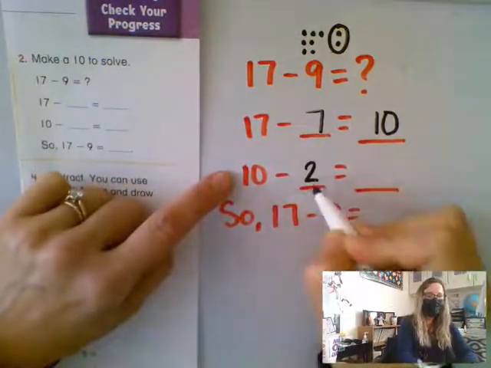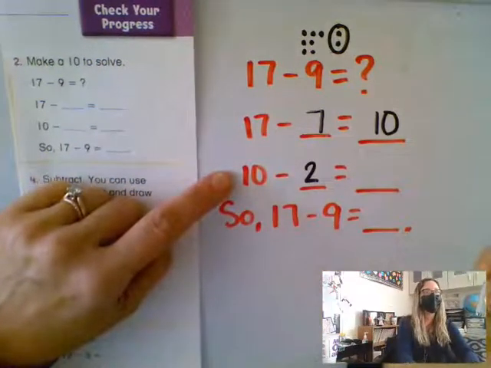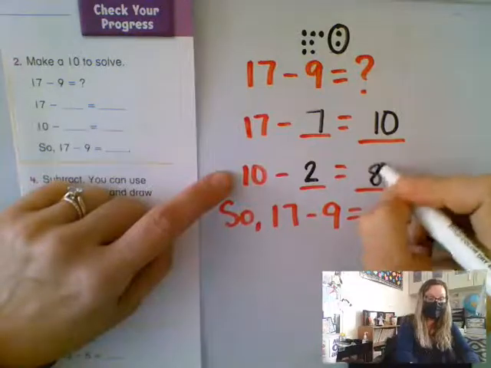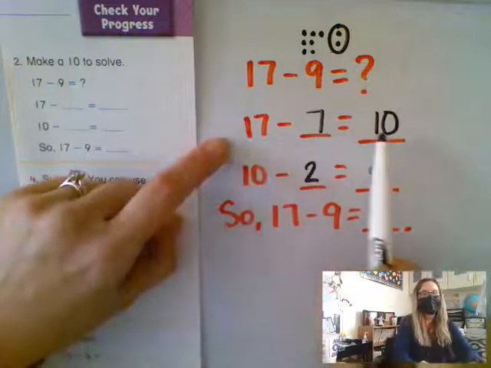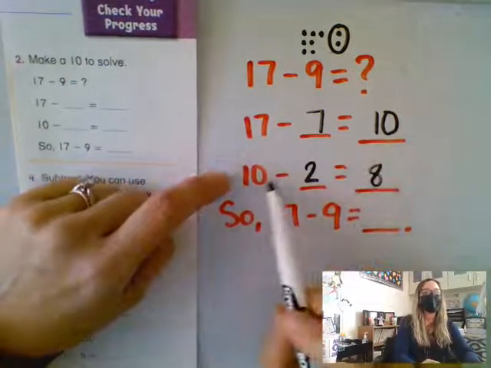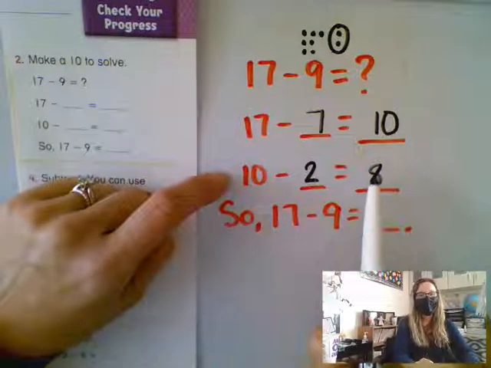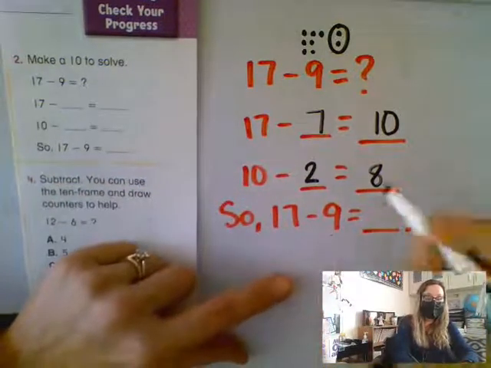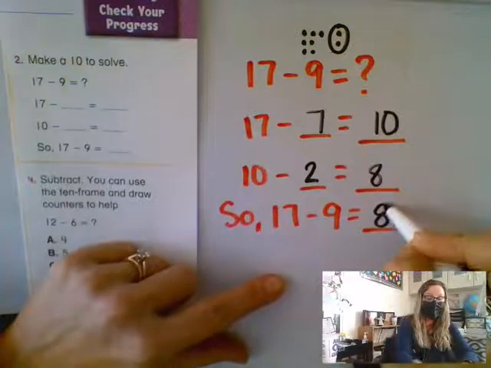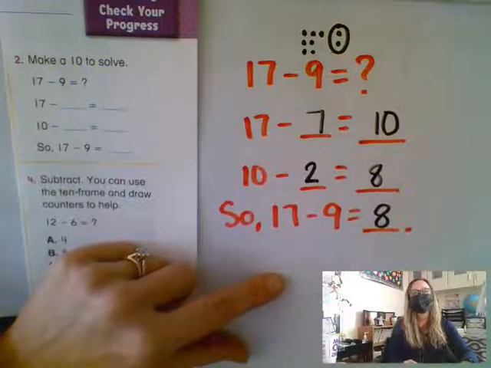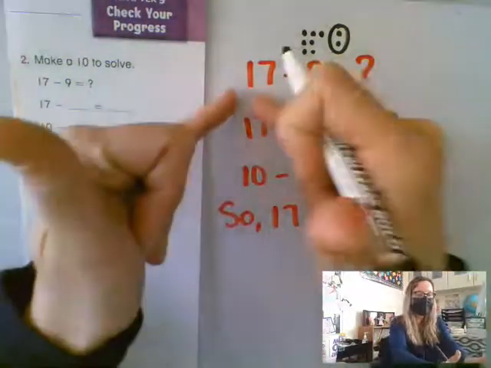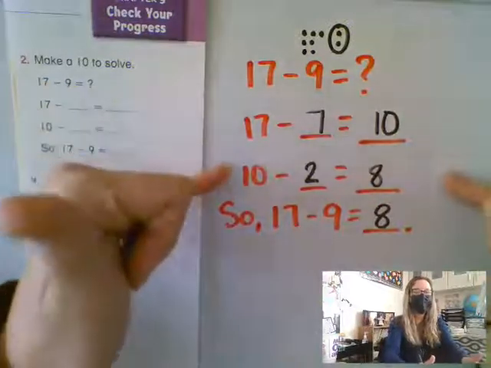What is 10 minus 2, Emily? 8. So if 17 minus 7 is 10, and then 10 minus 2 is 8, that means that 17 minus 9 must be 8. So all we've done is broken the 17 minus 9 into 2 separate problems.